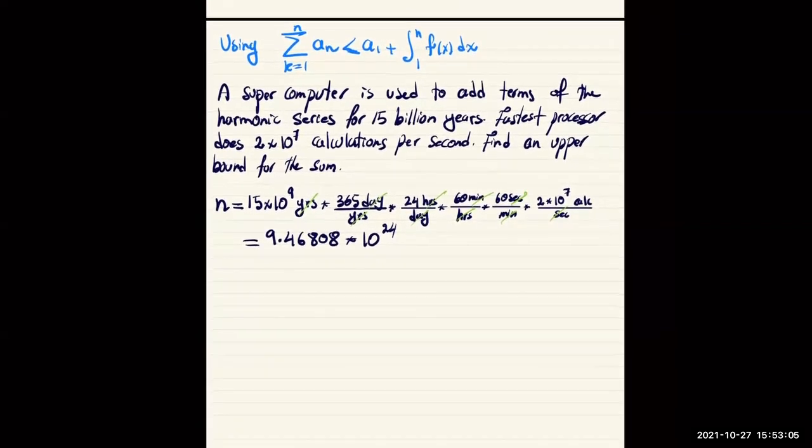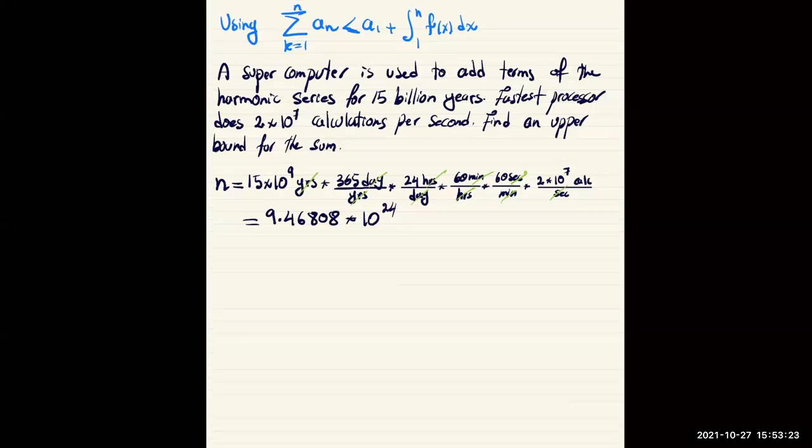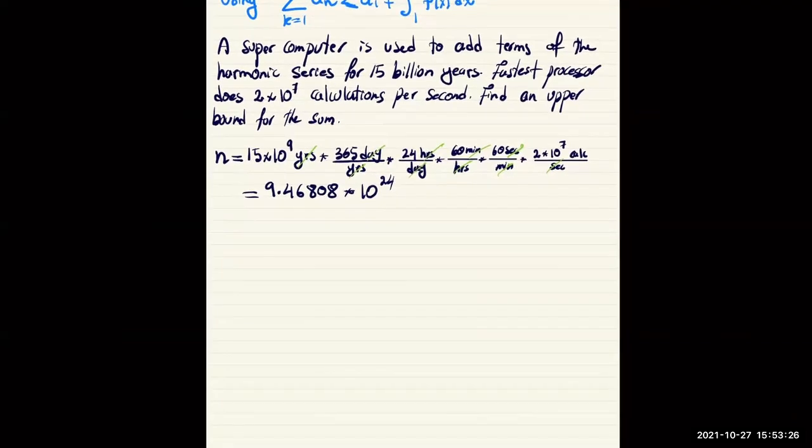All right, so this is how many terms of the harmonic sum you'll be adding. For 15 billion years that you run this calculation, you'll be adding this many terms of the harmonic series. Okay, so what does that mean? This is the harmonic series, your k goes from 1 to n, n being this monster of a number.